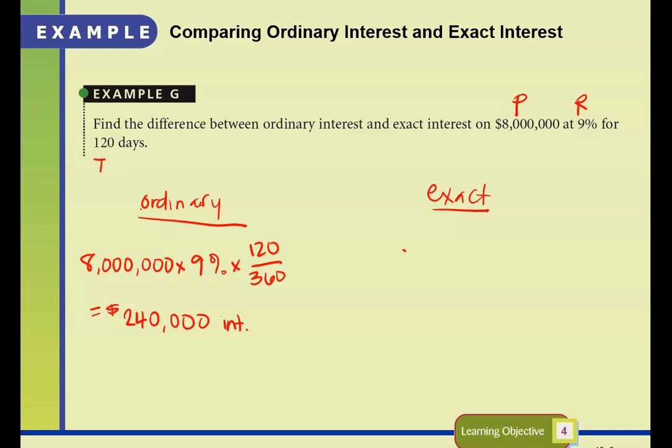Okay, for my exact interest, again, I'll take my $8 million, multiply that by 9%, and then my time, again, is 120 over 365.